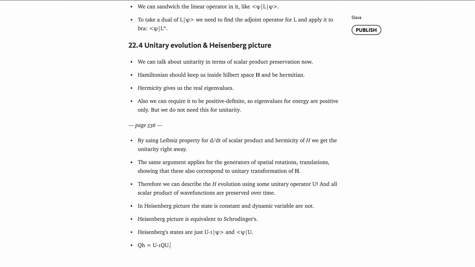And if you now try to act with that Q on some wave function psi in the Schrodinger setting and in the Heisenberg setting, we will have these similar things.